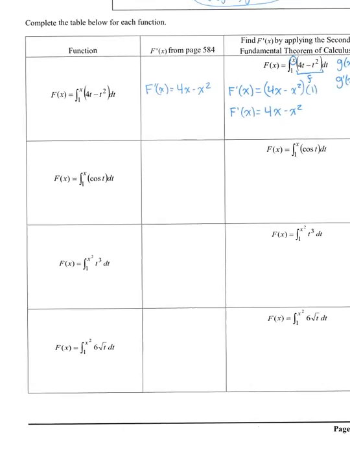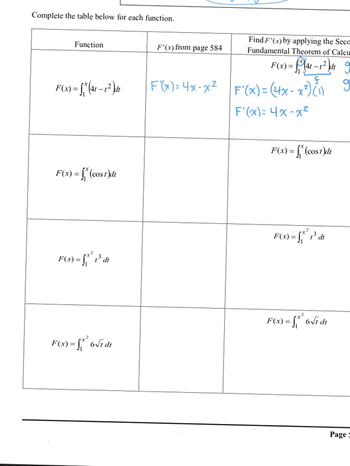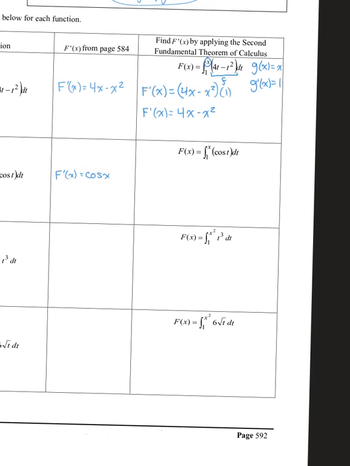So on the second one here, from the previous page, we found that f prime of x was cosine of x. So using the second fundamental theorem of calculus, again, my g of x is x, which means that g prime is 1. So to find f prime of x, we plug in g of x into our f, which is the cosine of t.